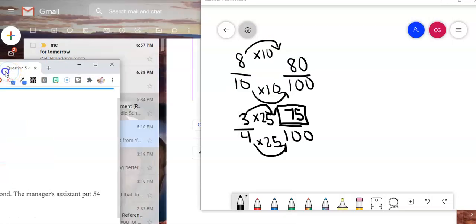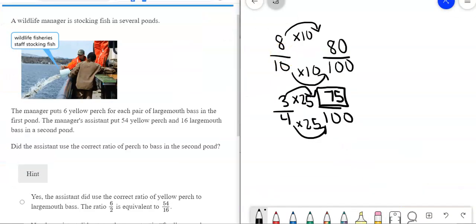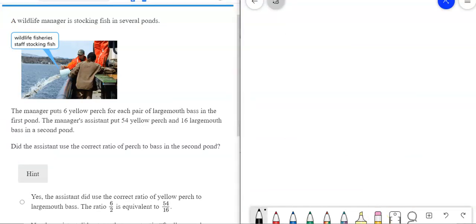So I'm going to go ahead and split my screen here. Bring this side up and let's see how we did here. So first pond, we have 6 perch for each pair of largemouth bass.